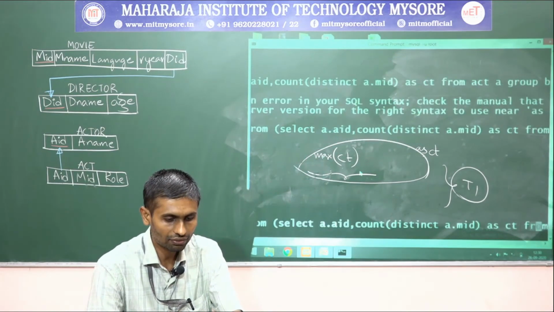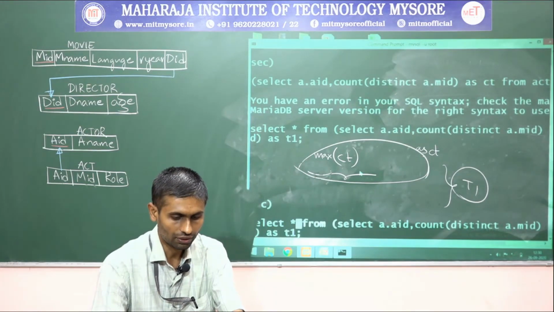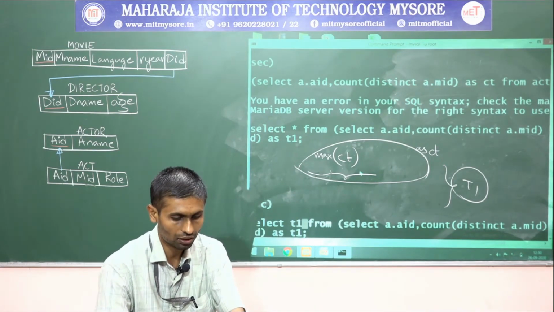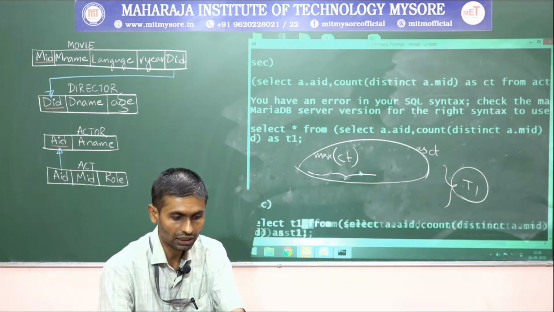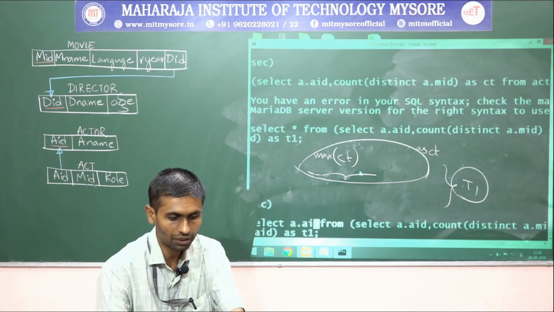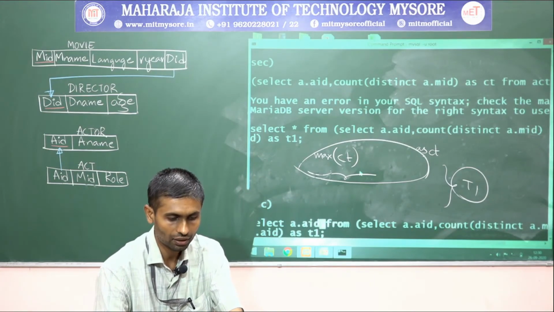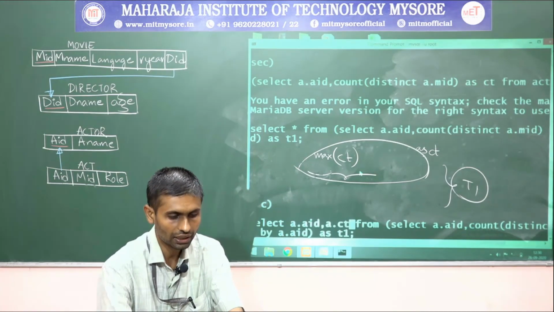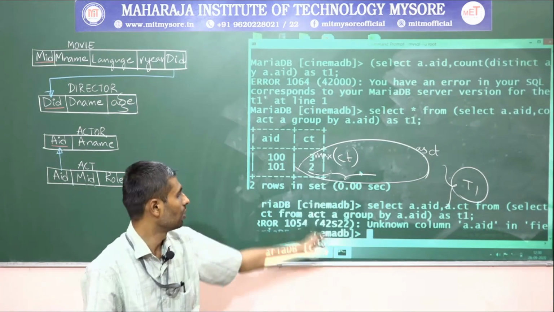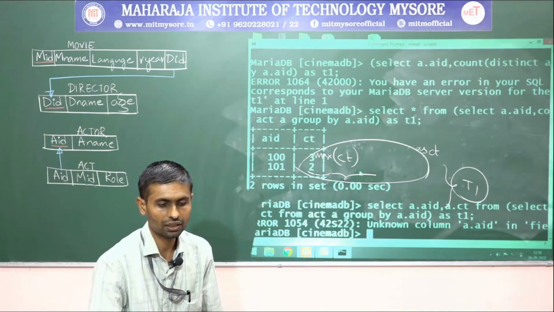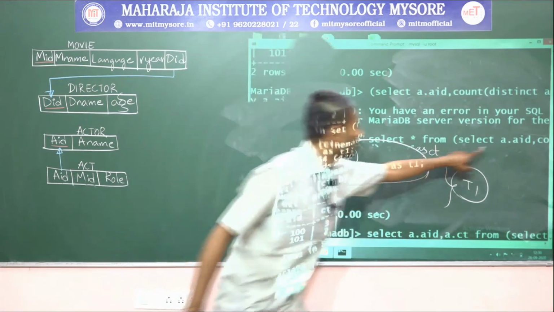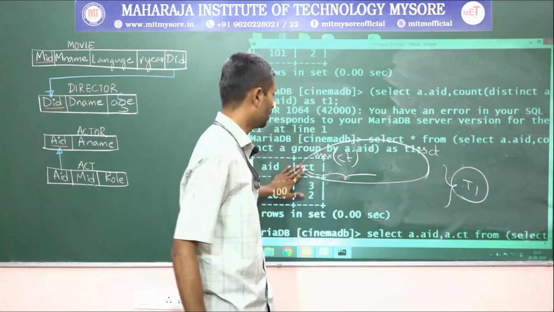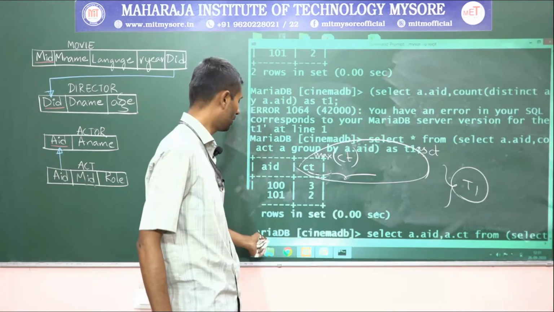Now to get these things from the outer query, look at this one. I will try to display the value T1.AID, then T1.CT, because even when I write A.AID, since we have given A as act, right, and A.CT, then it shows an error. Look at this one: unknown column A.AID. But actually A.AID, that only we have written here, A.AID. It said okay here, but it said error here, right?